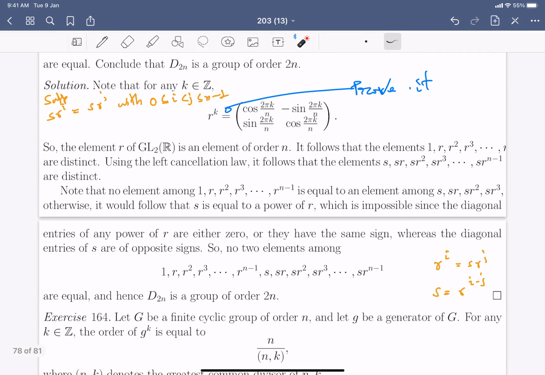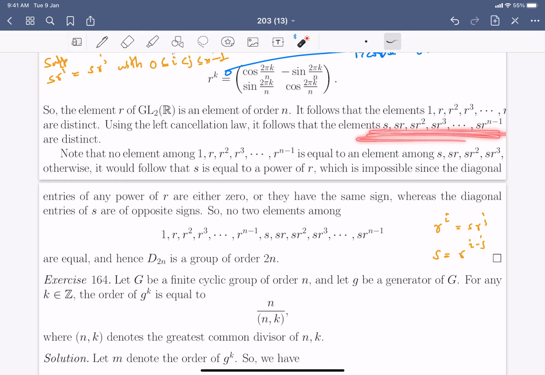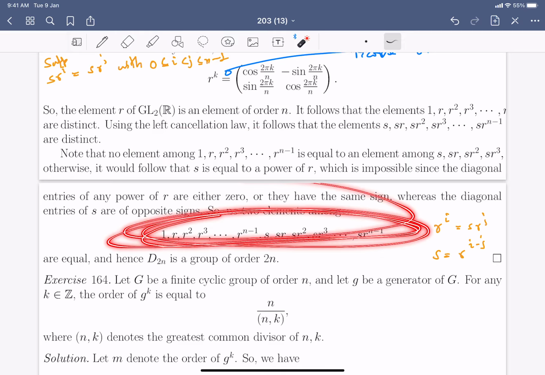Whereas the diagonal elements of S are of opposite signs. So it follows that no element among these is equal to any element among them, and hence all these 2n elements that we have written here are all distinct.